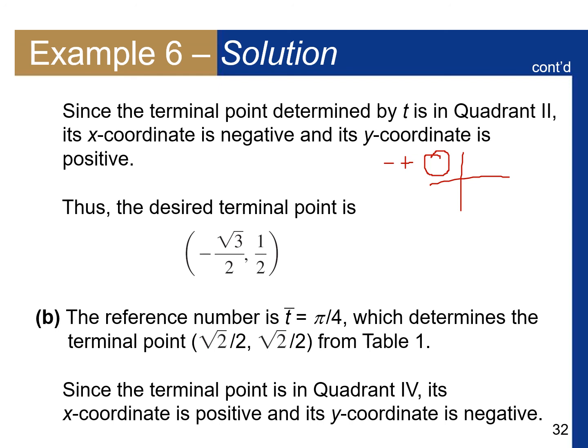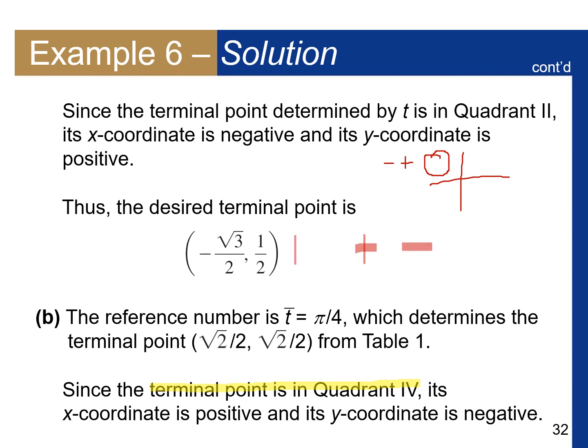Now for the second one, it's pi over 4, which is in the first quadrant, so that's square root of 2 over 2 and square root of 2 over 2. But since the terminal point for that number is in quadrant 4, it will have an x-coordinate of positive value and a y-coordinate of negative value.